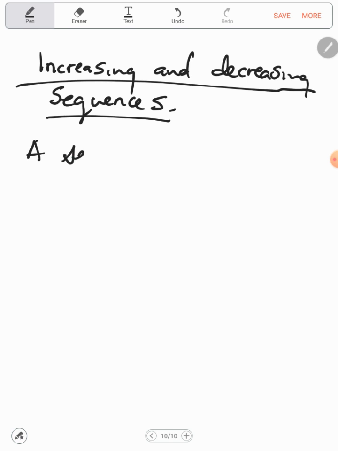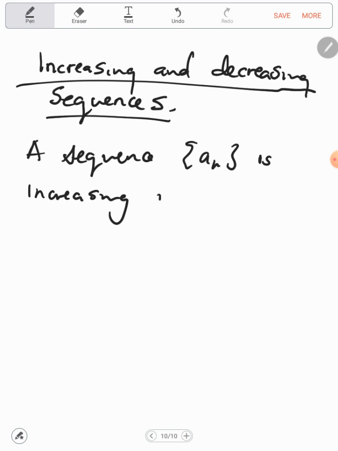A sequence a_n is increasing if a_n is less than a_(n+1). That is the case where you have a_1 less than a_2 less than a_3, and it goes on.